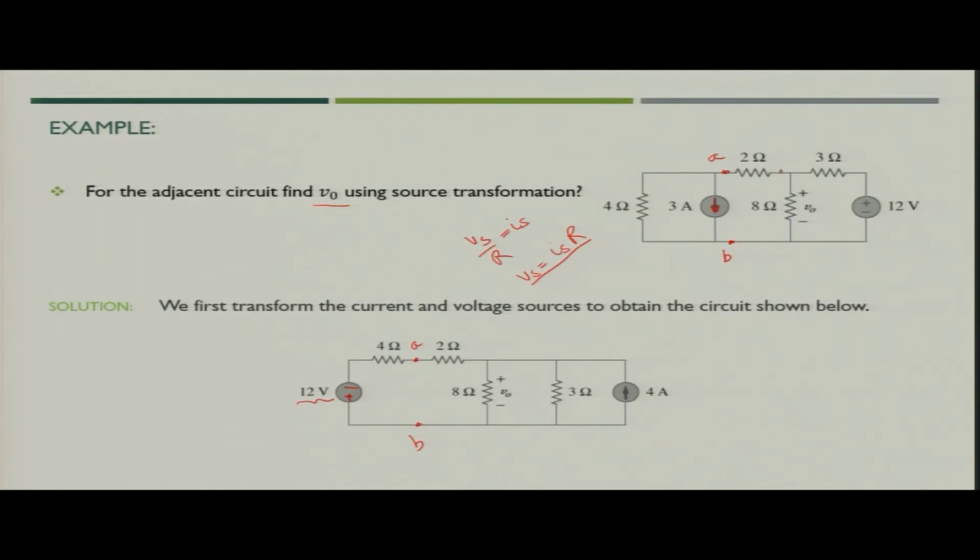Next, what you have to do, you can see easily that 4 ohm and 2 ohm resistances are in series.